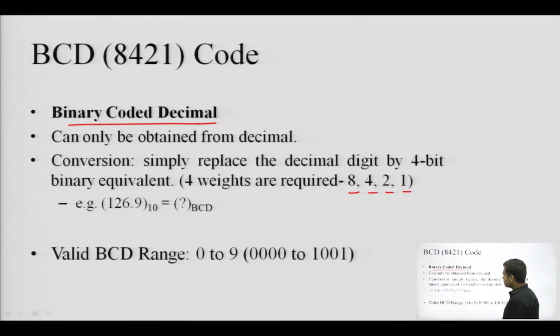The key thing we need to remember while obtaining this BCD code is that BCD can only be obtained from decimal. So, if you are provided an octal number and you are asked to obtain the BCD code for that, it cannot be obtained directly. First, that octal number has to be converted into decimal, and then that decimal number can be converted into the BCD code.